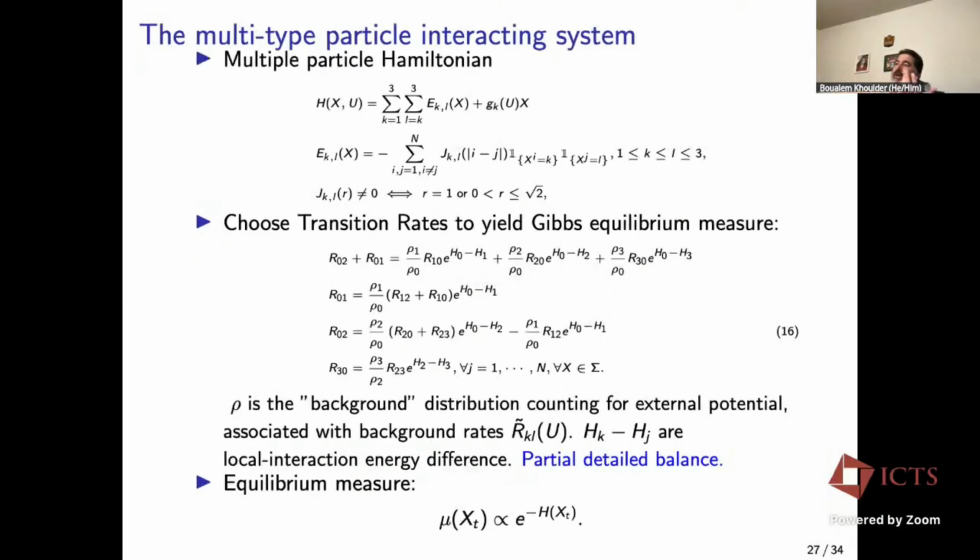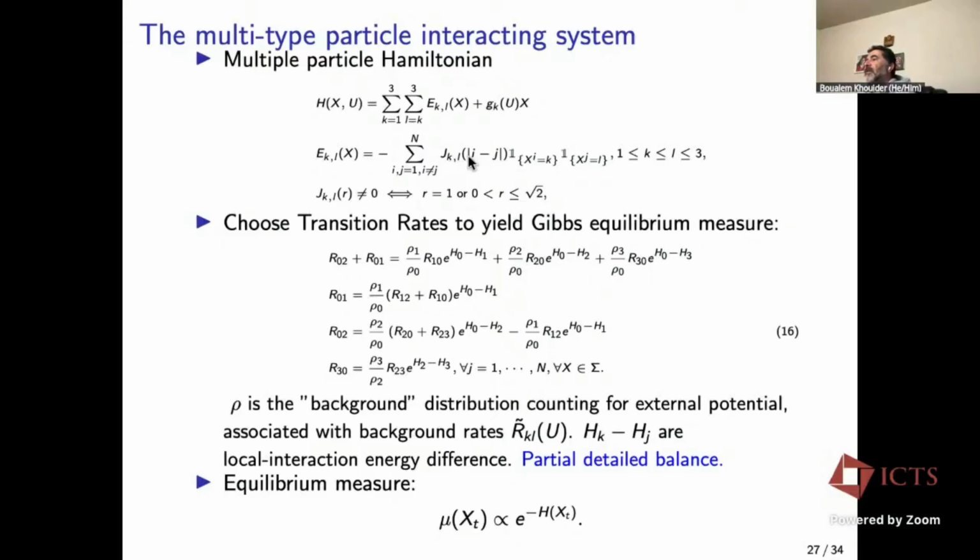That's the idea. So how will you do it? Like I was saying about the Hamiltonian system, here we write the Hamiltonian system in all its glory. The idea is that there are potentials, and the potentials will have local interactions. Each K and L, as before, are the cloud types, and I and J are the locations of the sites.